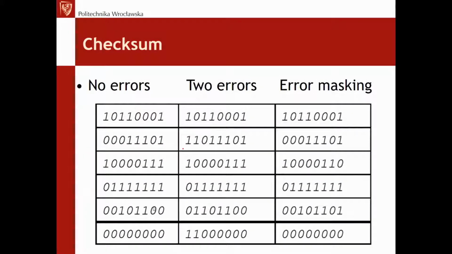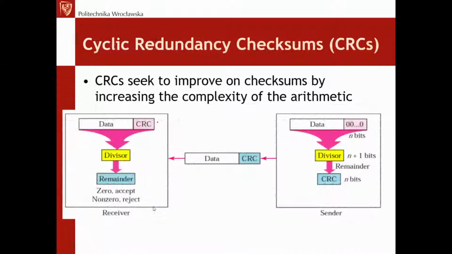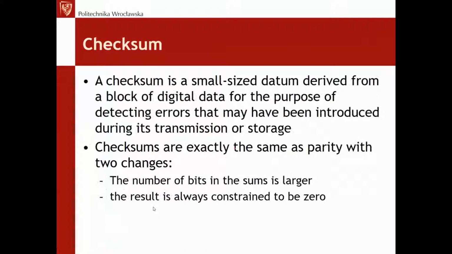In the case of checksum, I don't have a slide here, but this is how we do the calculation. We have a block of bytes, let's say 3 bytes, because we can have any number. That's very nice about the checksum.